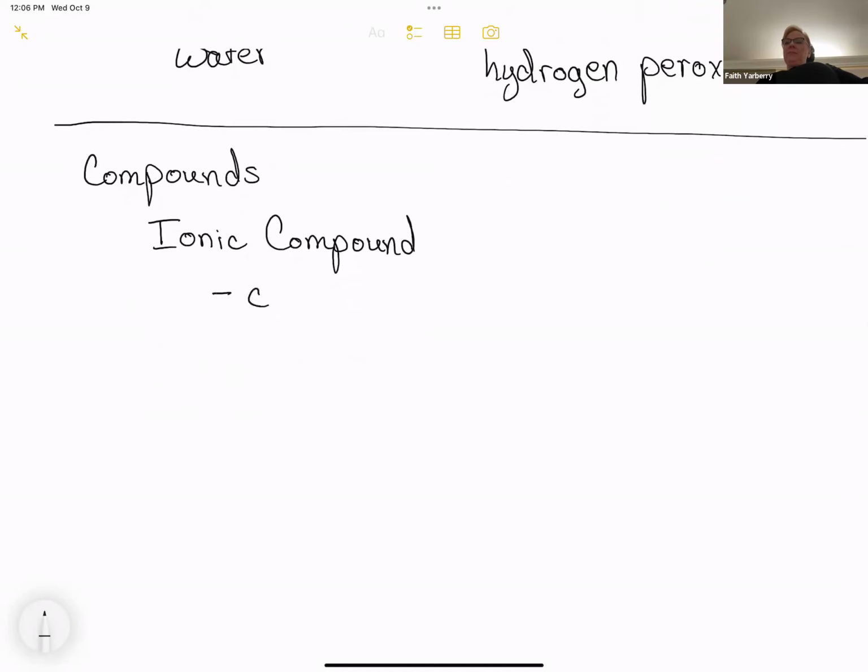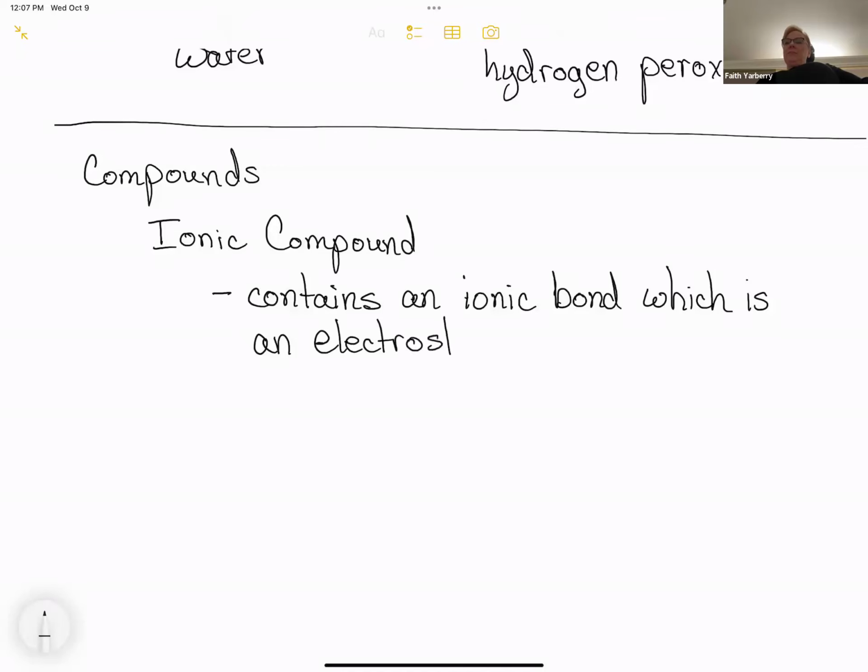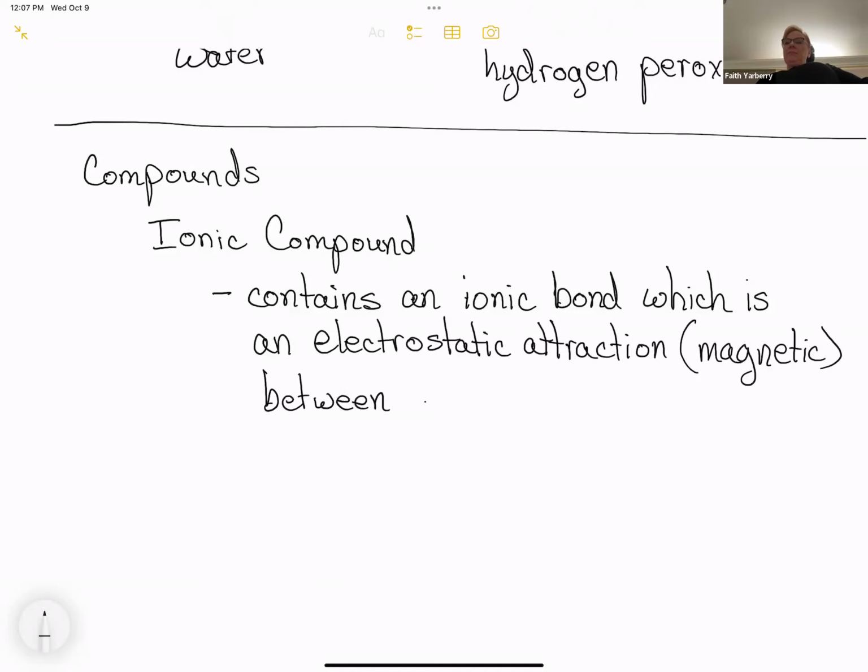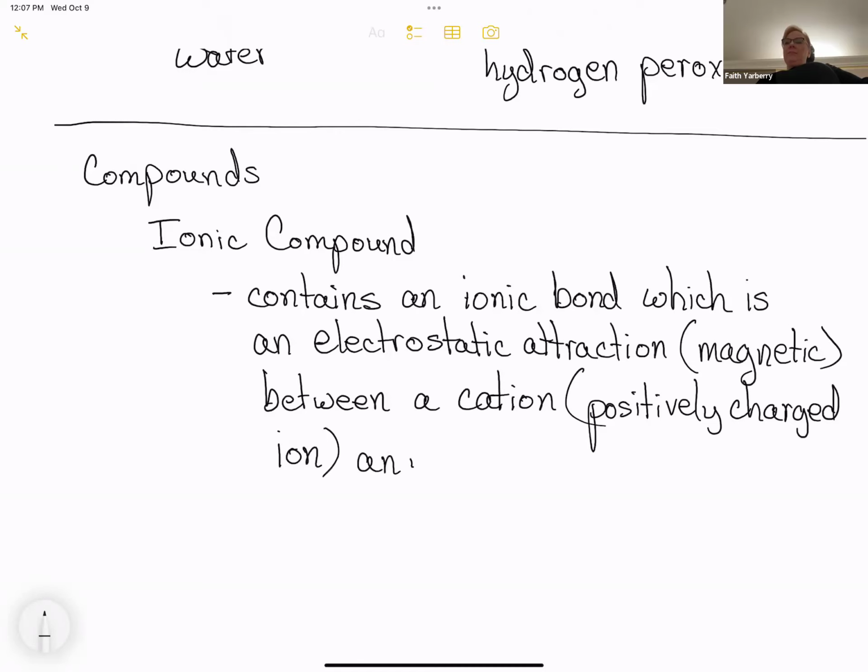An ionic compound contains an ionic bond, which is an electrostatic attraction between a cation, which is a positively charged ion, and an anion, which is a negatively charged ion.